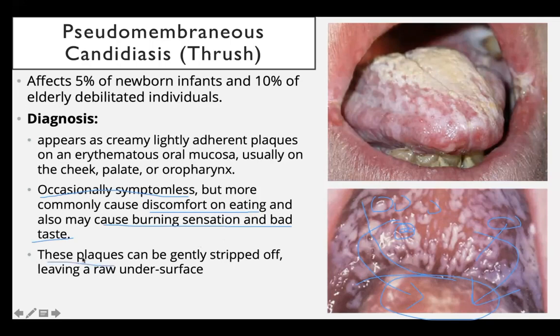Plaques can be gently stripped off, leaving a raw undersurface. If you apply gentle scraping, you can remove them, unlike some of the bacterial and viral infections. You scrape them gently, softly, avoiding pain, and they scrape off, leaving a red edematous raw surface.